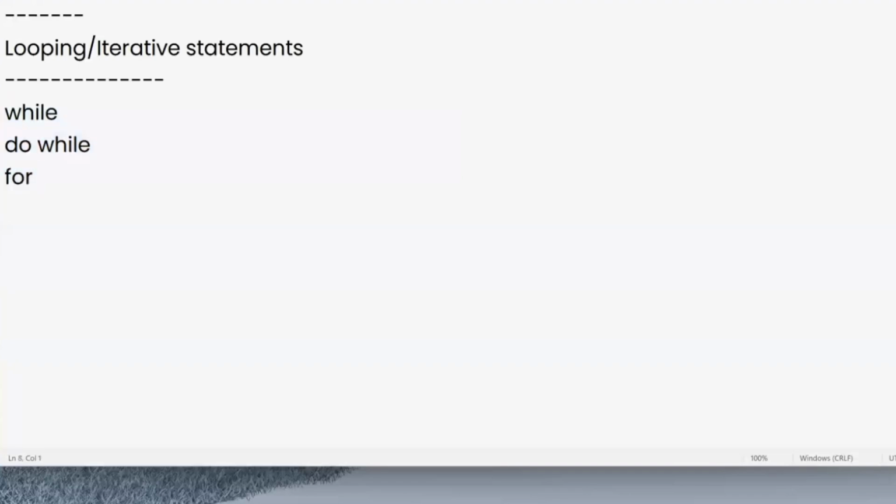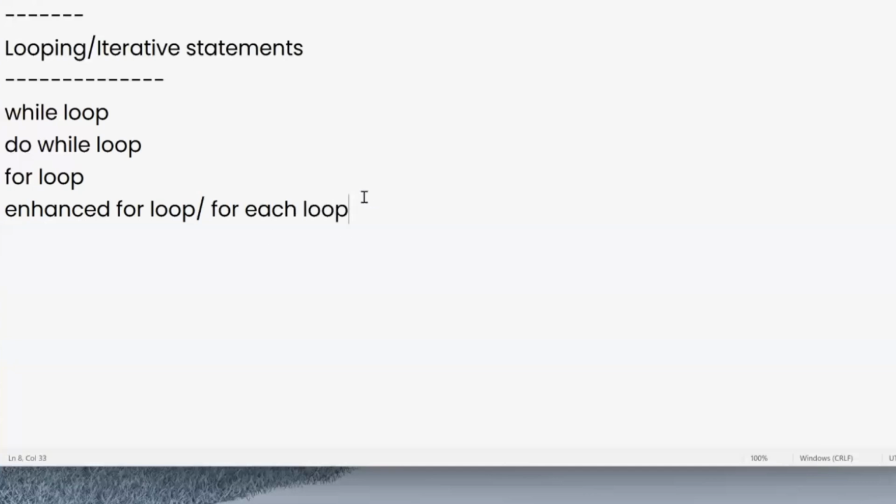There is one more loop, also called the enhanced for loop. This is the normal for loop, this is the do while loop, and this is the while loop. So there are totally 4 types of loops, but the enhanced for loop is also called the for each loop, and it is especially designed for collections.